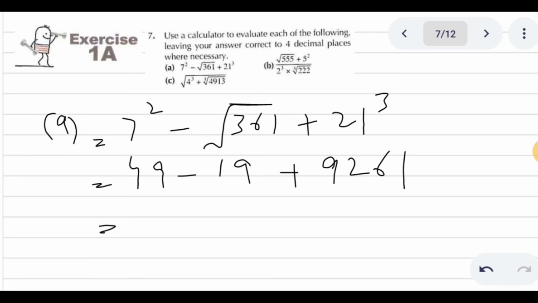And now we will just add and subtract: 9261 plus 49, and then we will subtract the 19. So our answer will be 9291. So this is how you will solve the rest of the parts of this question.